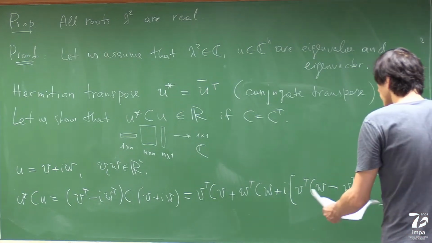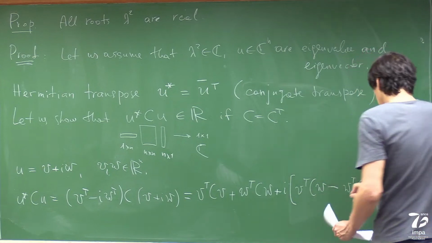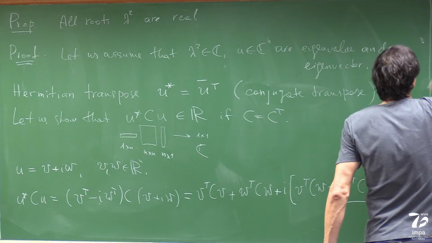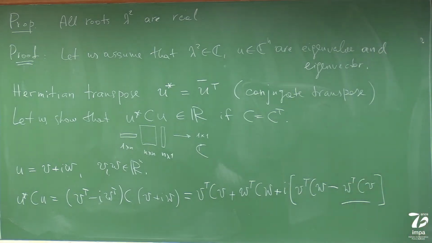So now let's take this expression, which is vector, matrix, vector. Altogether this is a number, a real number. We can transpose a real number. Transposing a real number makes no change because it's just a 1 by 1 matrix.